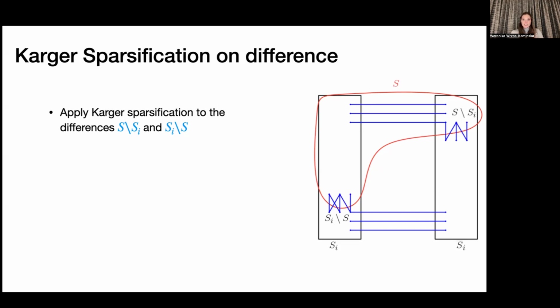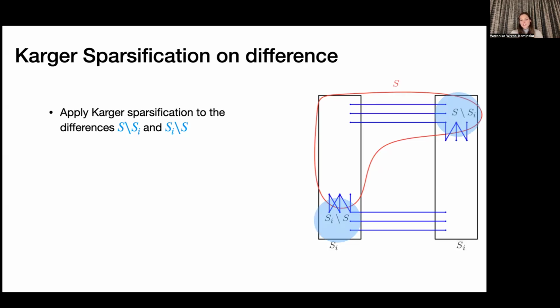One rectangle represents the vertices on one side of the coordinate cut, and the other represents the vertices on the other side. Observe that in this case, we only need to show concentration for the edges that are incident on the two small blue sets.